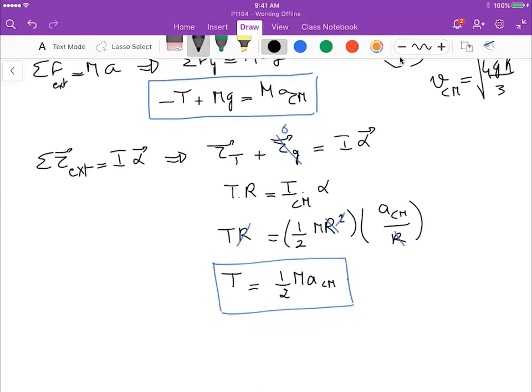In part A, we are looking for the tension. So we have to eliminate the acceleration of the center of mass. And so we end up with minus T plus M times G is equal to the mass multiplied by acceleration of the center of mass.